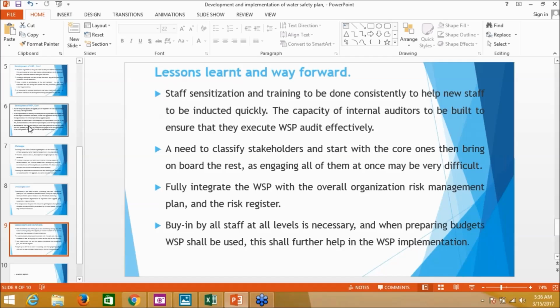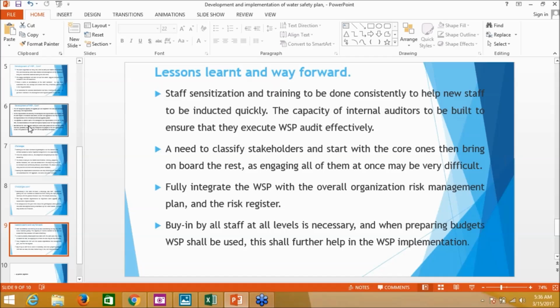I have to say on lessons learned, as I mentioned earlier, that if you do continuous staff sensitization, especially the ones that are joining in, then the continuity of the water safety plan becomes useful to the organization. What we have also done is try to build the capacity of internal auditors of other programs like QMS to also be able to execute a water safety plan audit effectively.